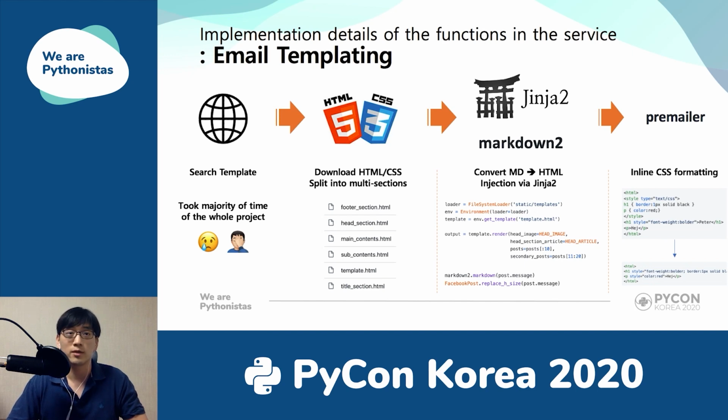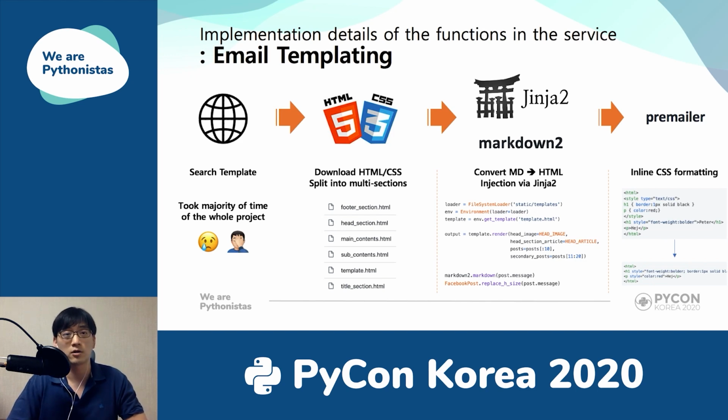With Jinja 2, we can split HTML into several pieces of HTML. It's like managing and importing multiple source files in one project. Also, Jinja 2 is probably the most popular way to inject Python information into HTML. It's very flexible and there's not much to learn, which means the syntax is straightforward, so you could learn it in just a day.